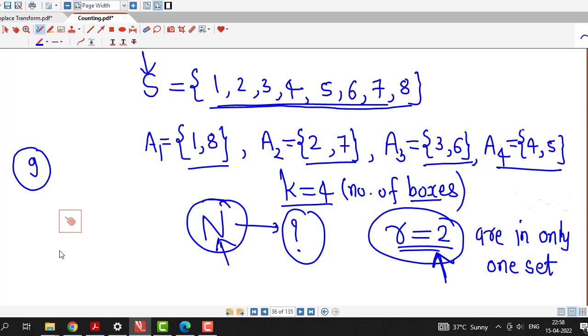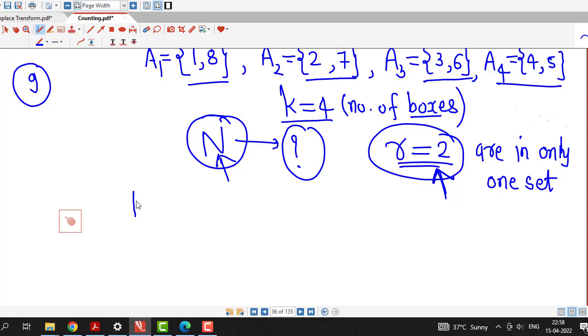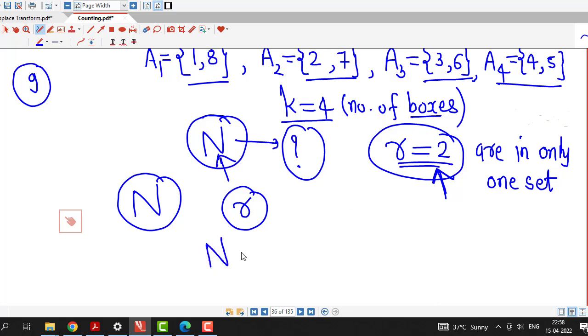So we have this type of problem: find the number of objects capital N such that R of the objects are in one of the boxes. That number capital N is obtained by this ready-made formula which we have been using for the last 2 or 3 lectures, N equal to k times R minus 1 plus 1. The value of k is the number of boxes, R is 2, 2 minus 1 is 1, and plus 1.